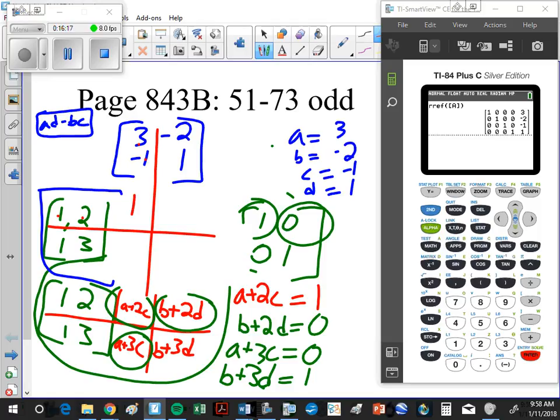I get a 1. 1 times -2 is -2, plus 2 is 0. 3 minus 3 is 0. -2 plus 3 is 1. So I'm right. Okay, but we're never going to do this again. It just takes too long.